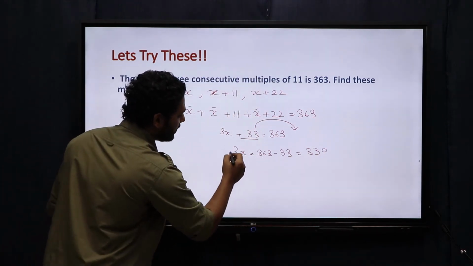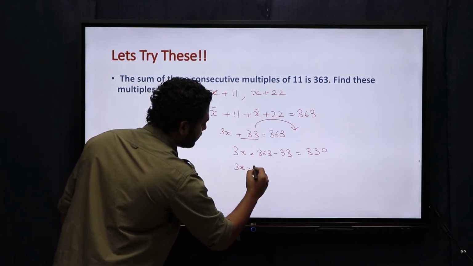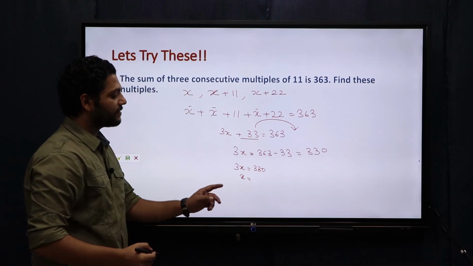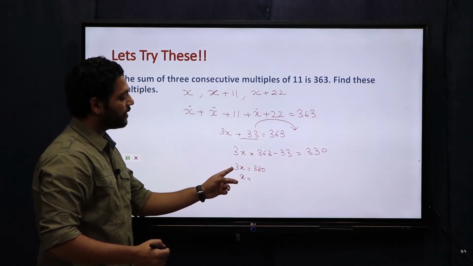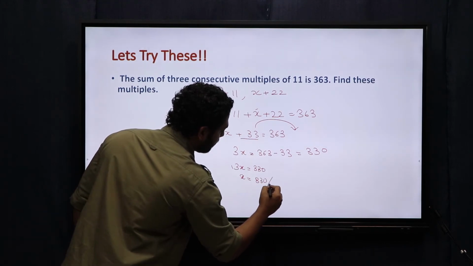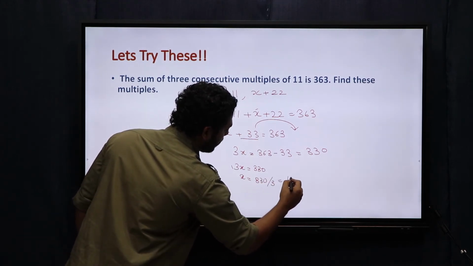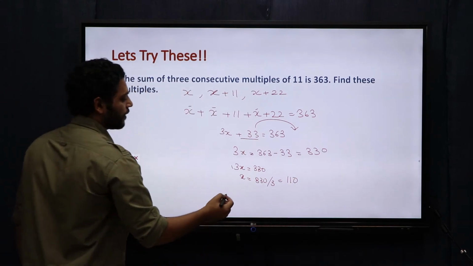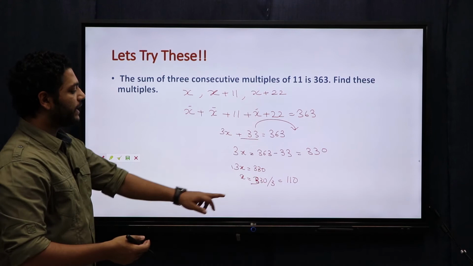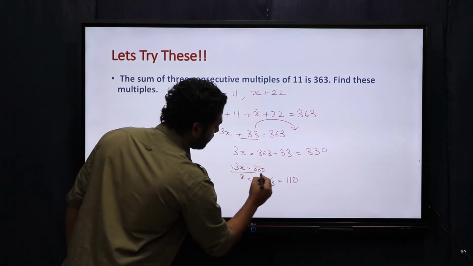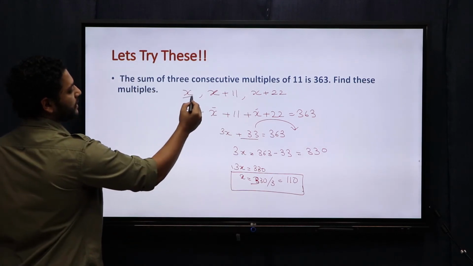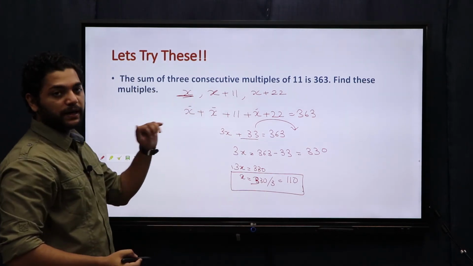Now 3x equal to 330. So what will I get x as? I transpose the multiplication of 3 from here to here, it will become division, and x will be 330 by 3, which is 110. Okay, so I get x as 110, the first multiple in our question.